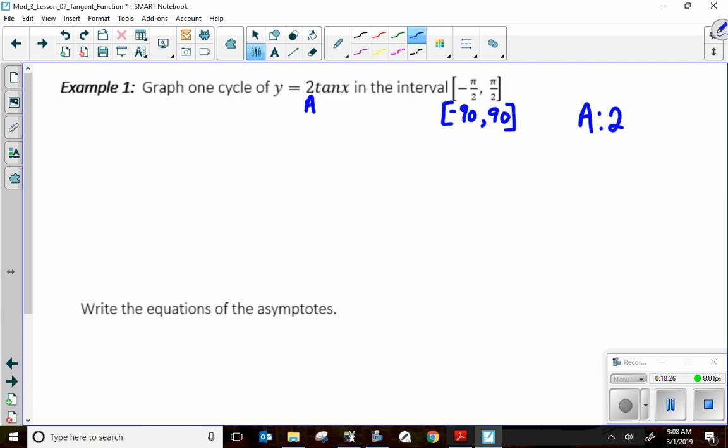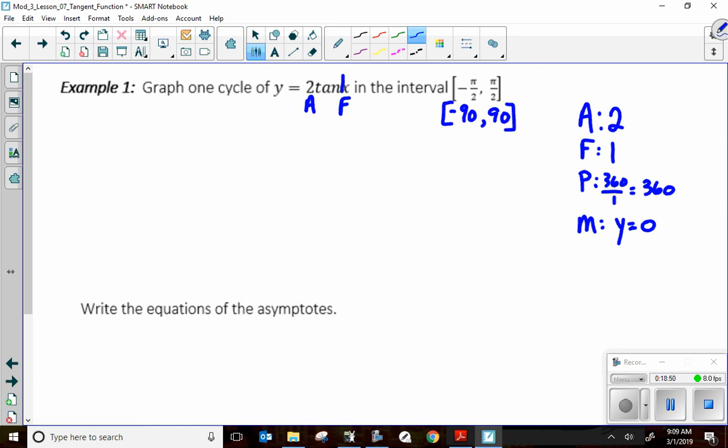My frequency, that's a 1 in front of the x, is 1. My period, that's 360 divided by 1. So 360 degrees is the length of one cycle. All right. And the midline, I'm not adding or subtracting anything to it. So the midline is still at y equals 0, which is the x-axis.